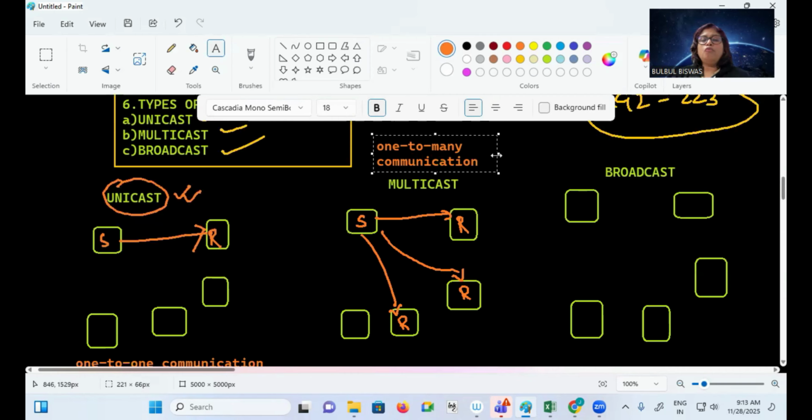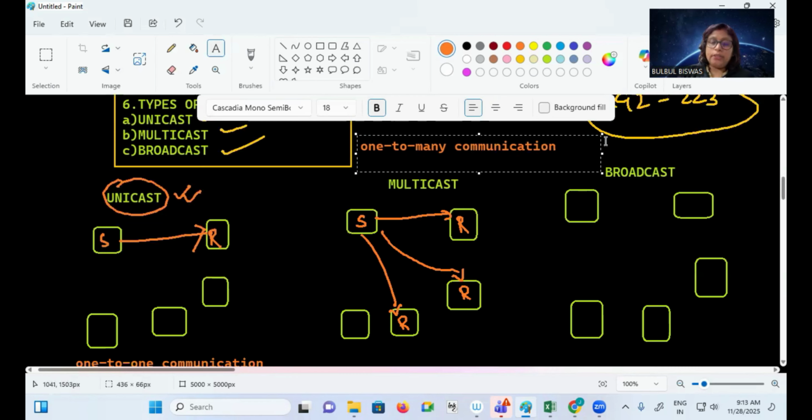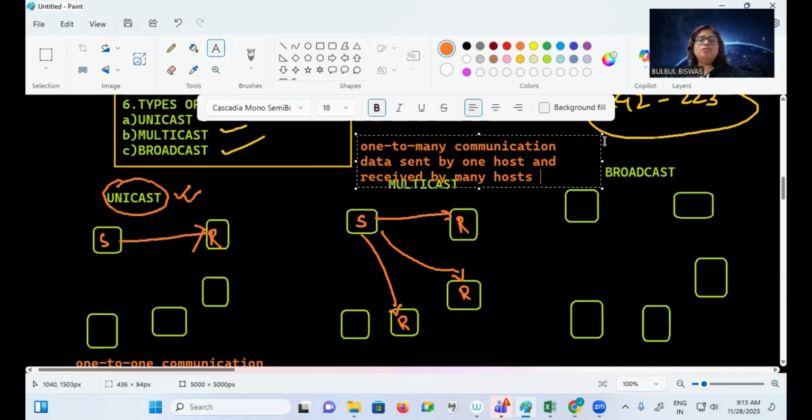Data sent by one host and received by many hosts is called multicast communication.